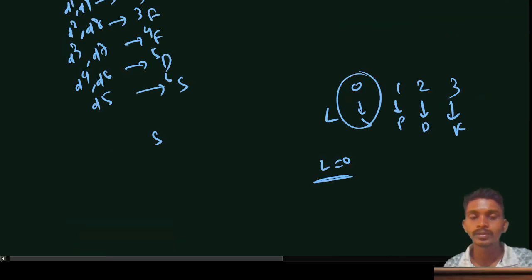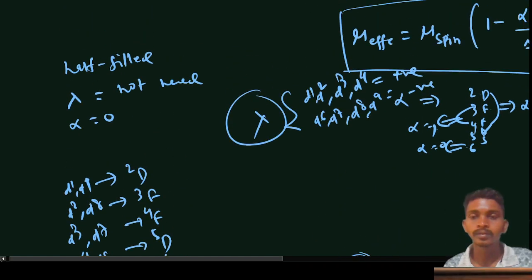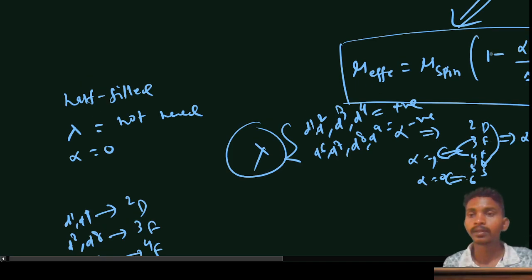So if the alpha value is 0, then the whole term will automatically be 0. So no need to calculate this value because it is already 0, as this is S.